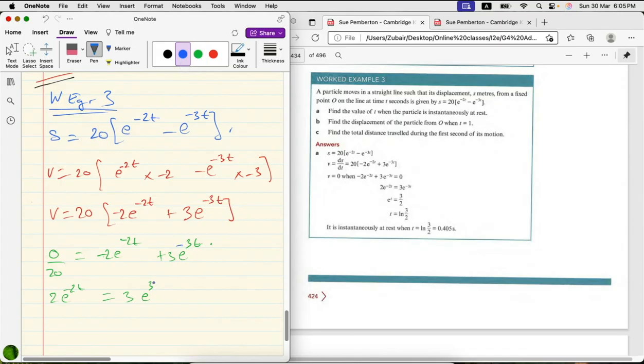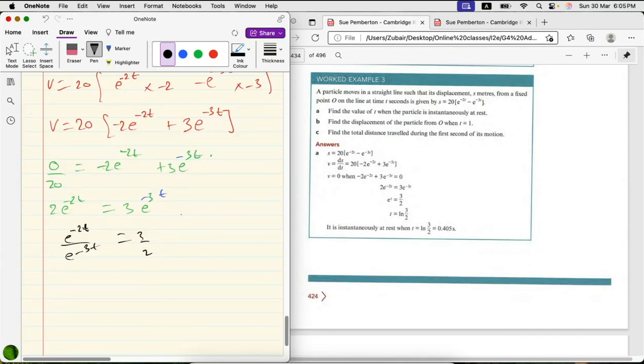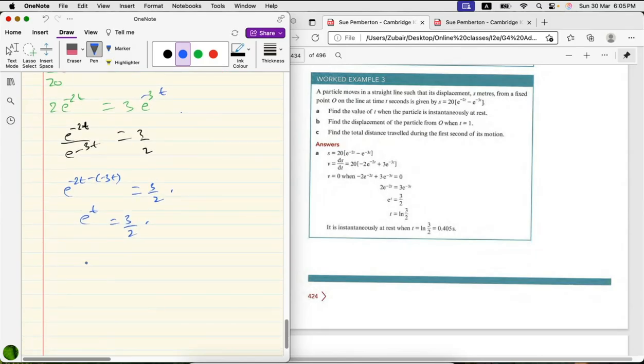I'm dividing by e raised to power minus 3t on the left hand side. e raised to power minus 2t over e raised to power minus 3t is equal to 3 by 2. The bases are the same, so powers subtract in division: minus 2t minus minus 3t. So we are left with e raised to power t equal to 3 by 2. Applying ln on both sides, t is equal to ln 3 by 2.